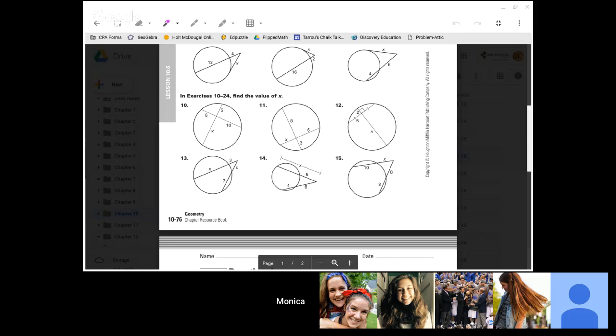So I know when we see a variable and a number, it's easy for our brain to jump to saying 10x, but it should be 10 plus x. So you're going to have x times 10 plus x equals 8 times 16.